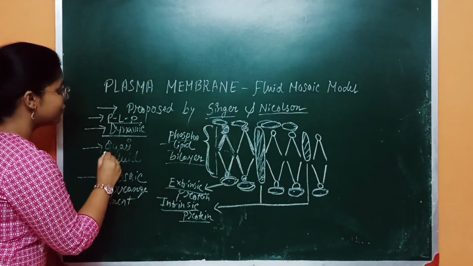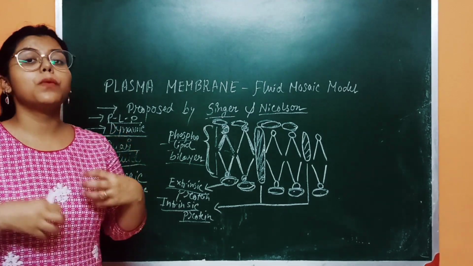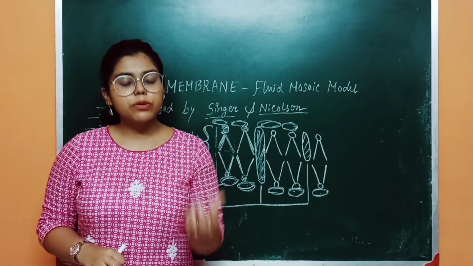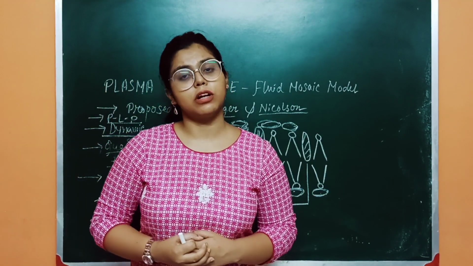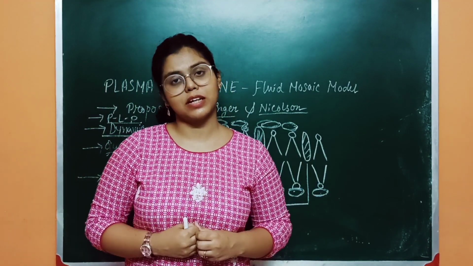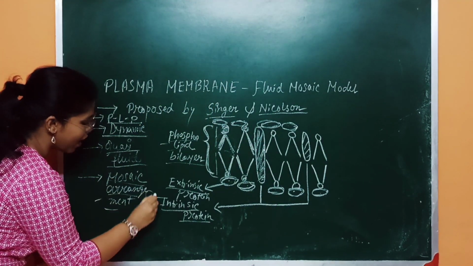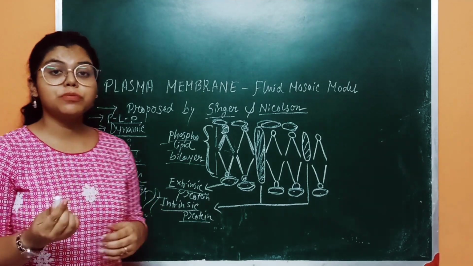And the fluid is squashy, a squashy fluid. That means it is not more like a liquid or more like a solid structure. It's like a jelly-like substance. And also the mosaic arrangement. Why is it named the mosaic arrangement?